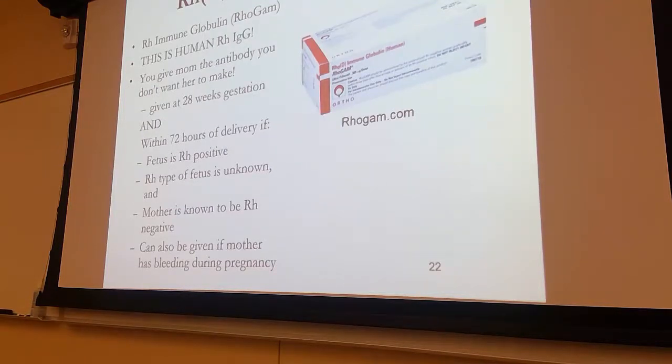The antibody I've injected finds the Rh factor on those fetal red blood cells circulating in mom and binds to it, covering up the antigen. That's what antibodies do, right?